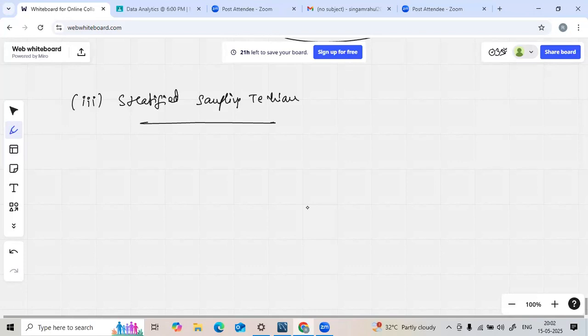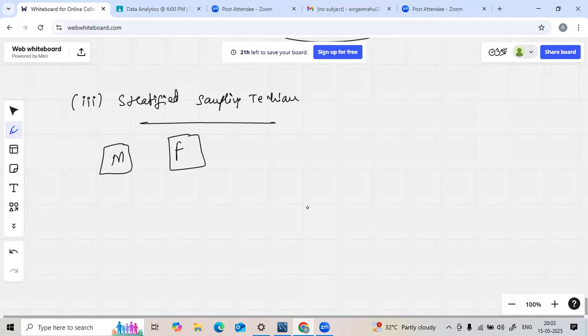So for example, you have a data set which consists of a column called gender. You are just going to segment the data, divide the data, stratify the data based on gender. Male as one sample, female as another sample.